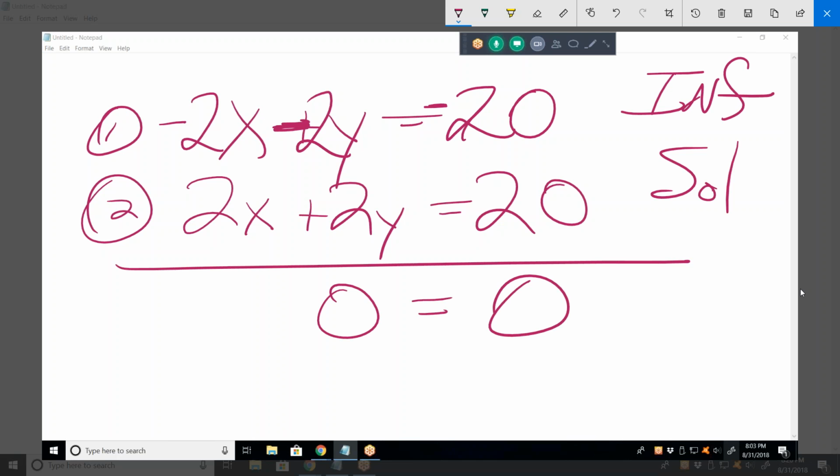And the reason is because I really only have one equation. I don't really have 2 equations. It just looked like I had 2 equations. When your second equation is just a multiple of your first equation, you don't have 2 equations, you have 1. What you need is 2 independent equations.